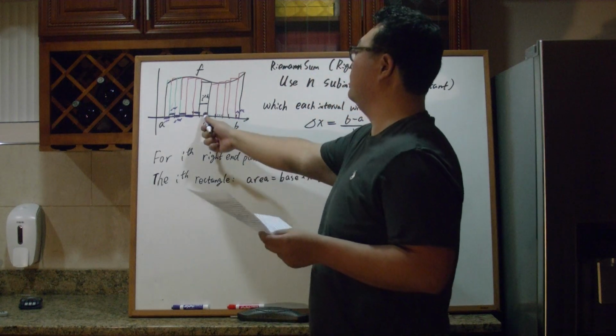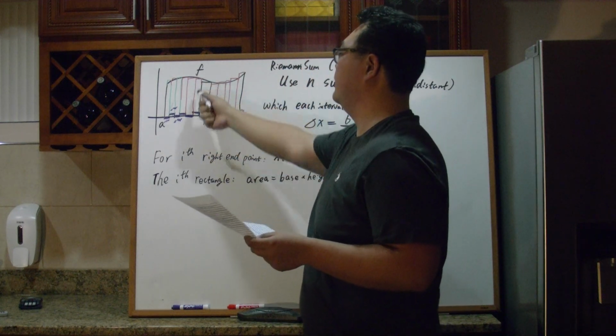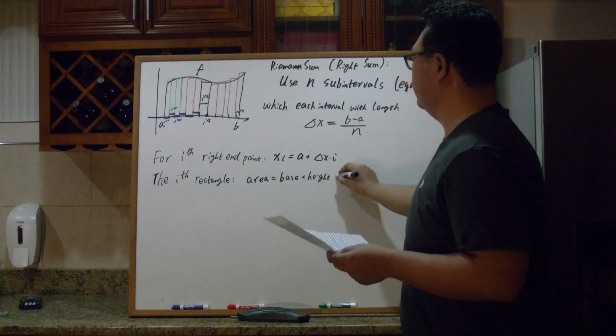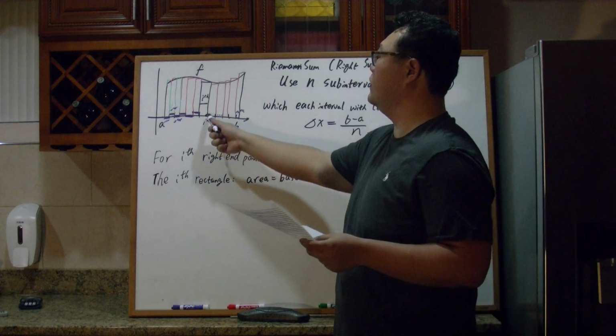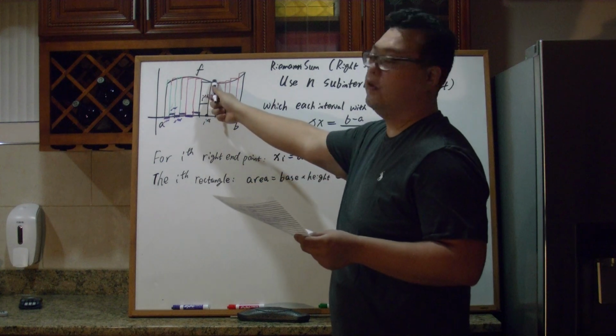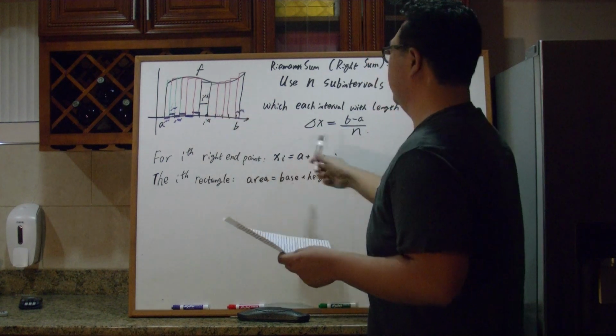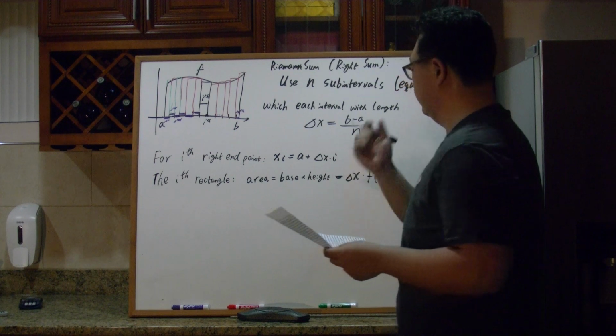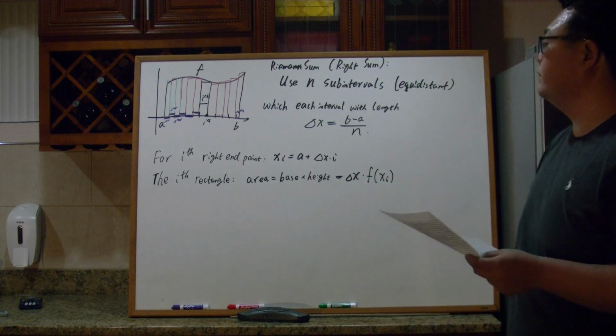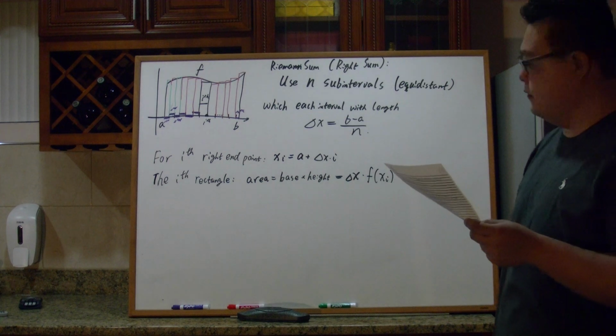Basically, the ith rectangle is base times height. The base is delta x, and the height is the y value of the right endpoint, which is f of x sub i.